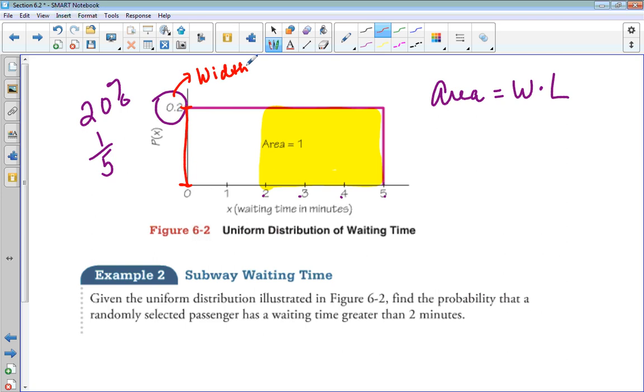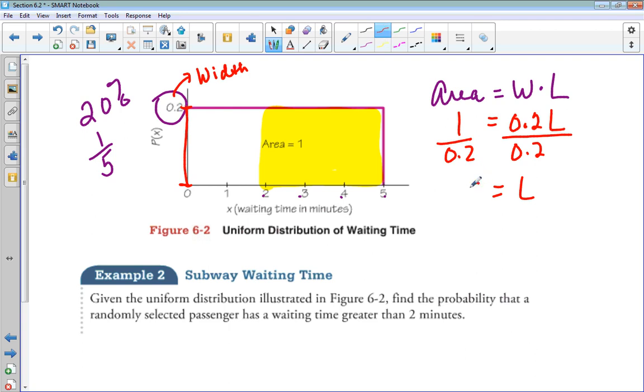Because I know my area has to be 1, that means that 0.2, which is my width, times L has to equal 1. And we know from algebra class that dividing by 0.2 is going to give me my length. And of course, I can just go into the calculator and make that division and know that 1 divided by 0.2 is 5.